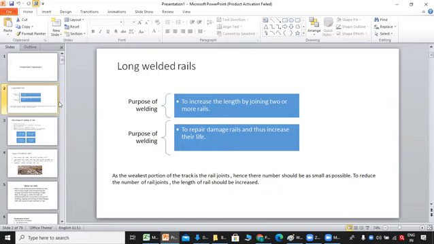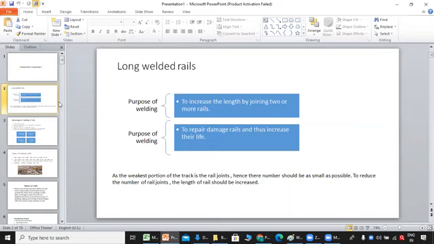But this does not mean that we remove all the fish plates of the continuous rail and weld everything. First of all, we join the damaged rail by welding instead of using a fish plate. When we use a fish plate with two rails joined, we also use nut bolts.